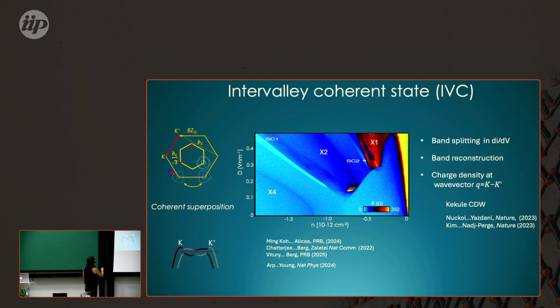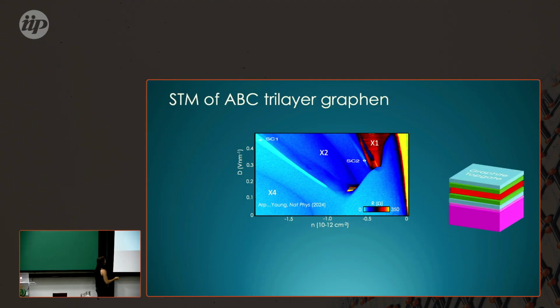And then this superposition in momentum space is expected to give rise to a charge density wave with the specific k vector, K minus K prime, which is known as the Kekulé CDW that was observed in other systems.